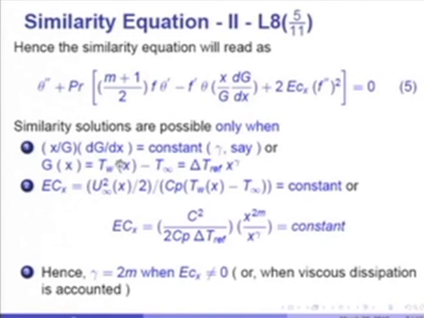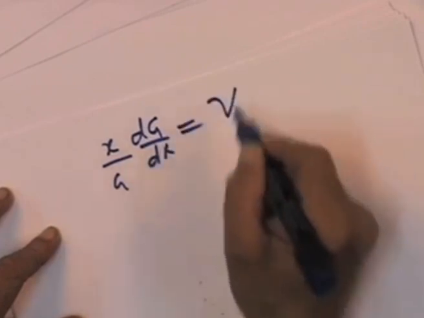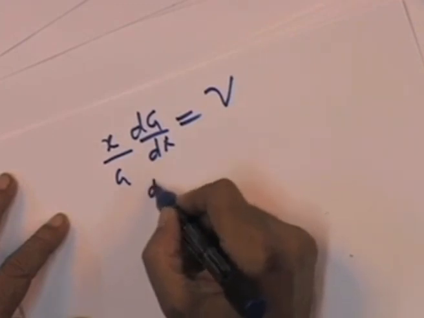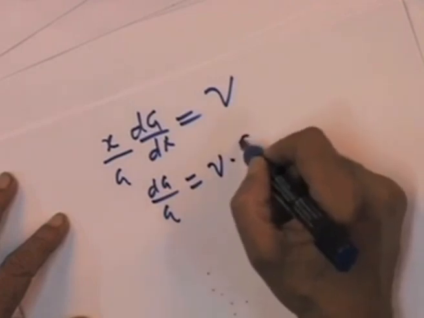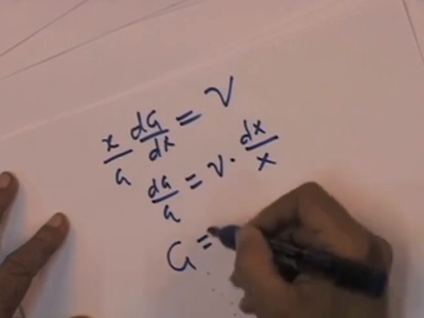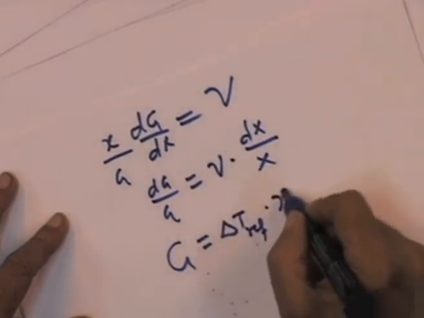Then the solution to g, which is Tw minus T infinity, equal to some delta T ref: x by g dg by dx equal to gamma gives me dg by g equal to gamma times dx by x, and the solution therefore is g equal to some constant delta T ref into x raised to gamma.